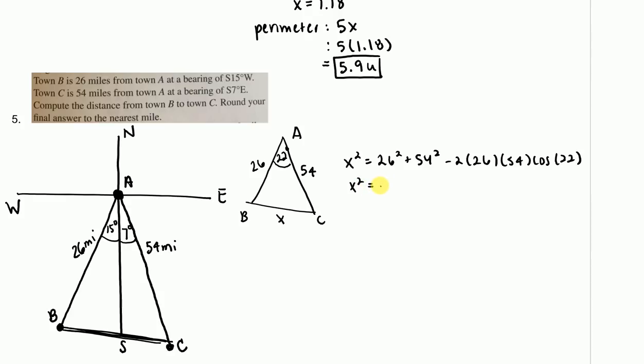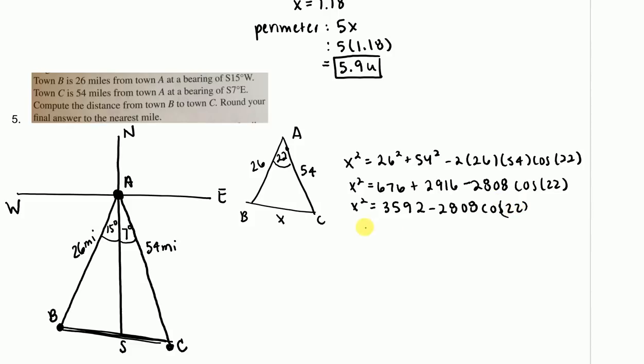So 26 squared is 676 plus 54 squared, which is 2,916, minus 2 times 26 times 54 is 2,808, times the cosine of 22. And then combining our like terms, that gives us 3,592 minus 2,808 cosine 22.